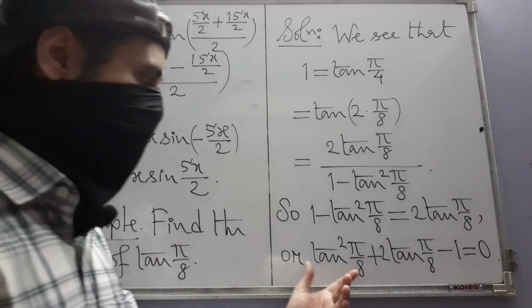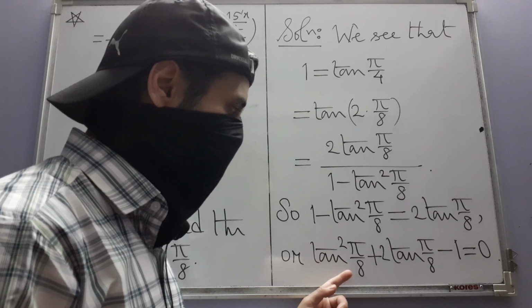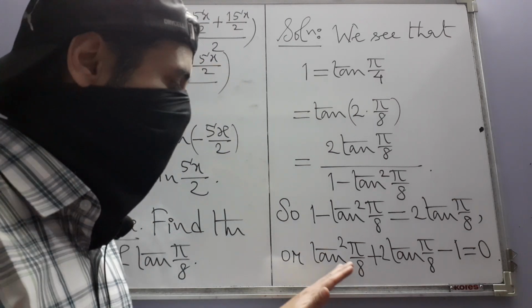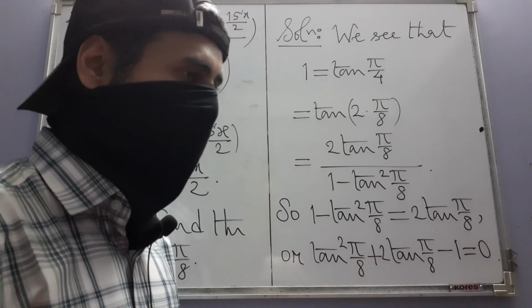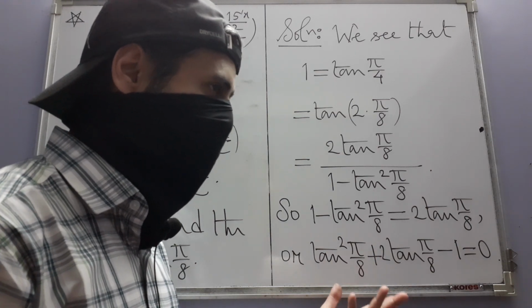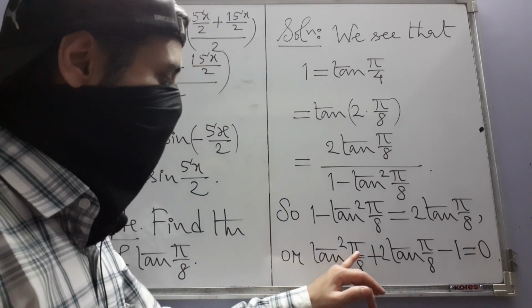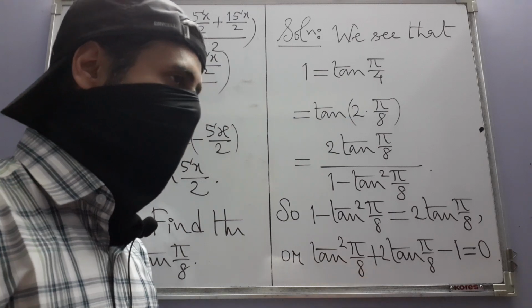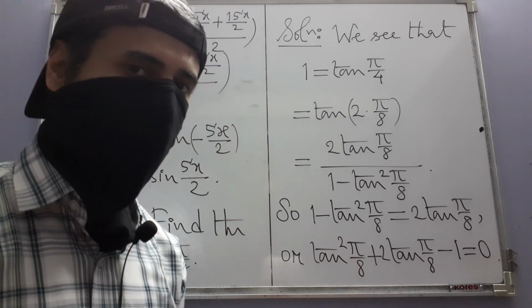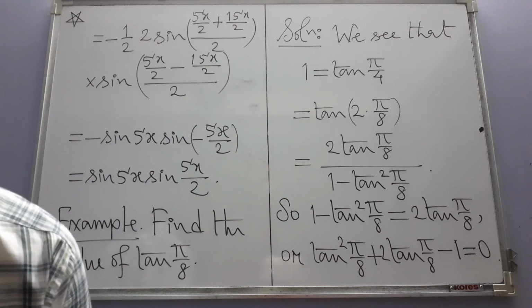So we have got a quadratic equation in, or rather I should not say quadratic equation, but a quadratic expression. Expression means a relation. Yeah, relation is the right term. In tan pi over 8, if you give this tan pi over 8 some name, say if you call it y, then this is going to look like this.